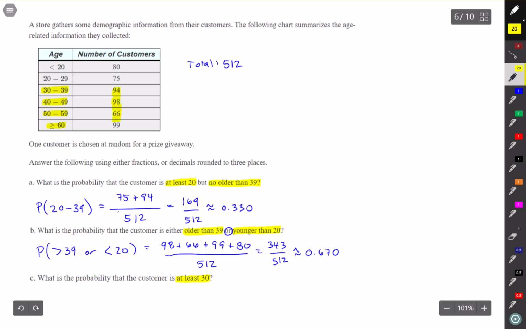So I need to add these values together here. So the probability that someone is at least 30, so greater than or equal to 30, that's 94 plus 98 plus 66 plus 99 all over 512.